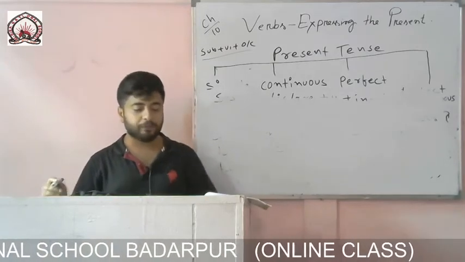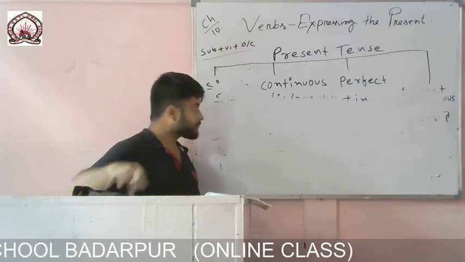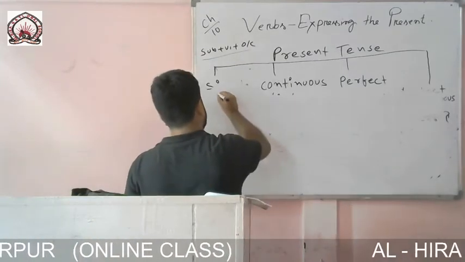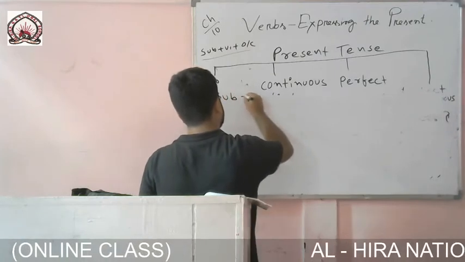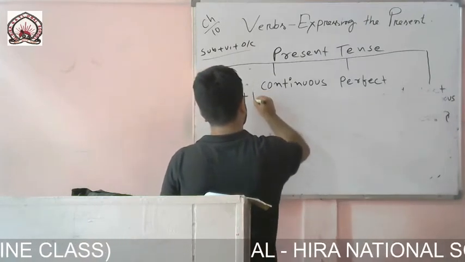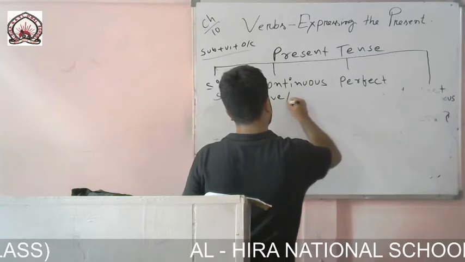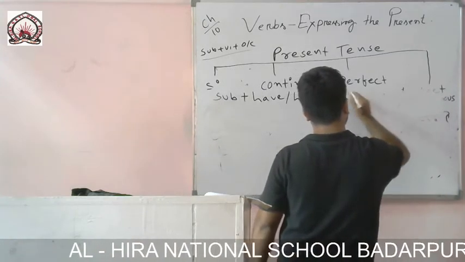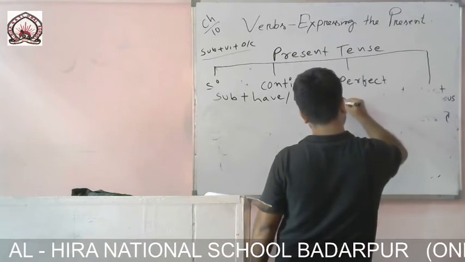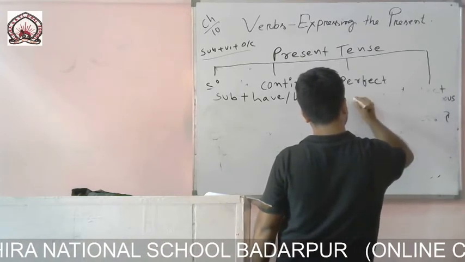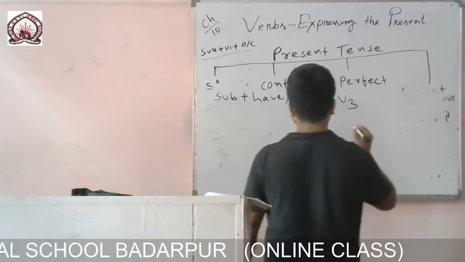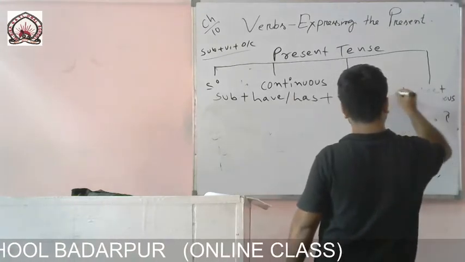Now the formation of present perfect is subject plus have or has plus third form of the verb plus object or complement.